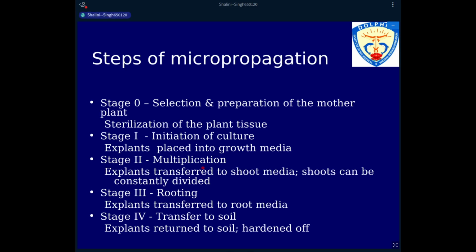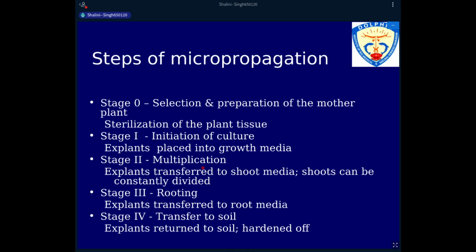And after that, this plant should not be sprayed with any chemicals 14 days prior to explant collection. That's what you have to keep in mind whenever you are going for selection and preparation of the mother plant. Then from this plant, you will take the explant.